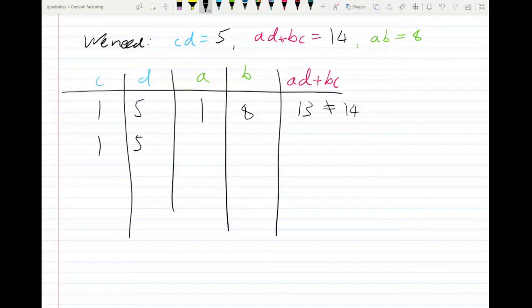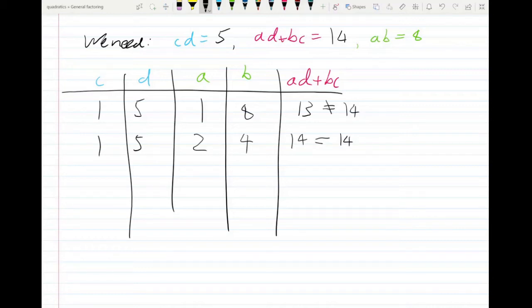Let's try a equals 2 and b equals 4. Okay, in this case, ad is 10 and bc is 4. So we have ad plus bc equals 14. And that's what we want.